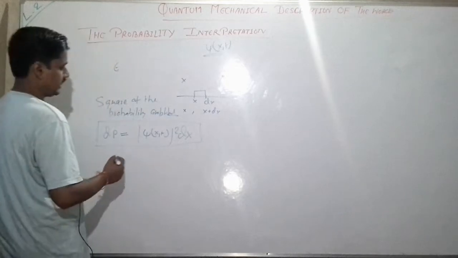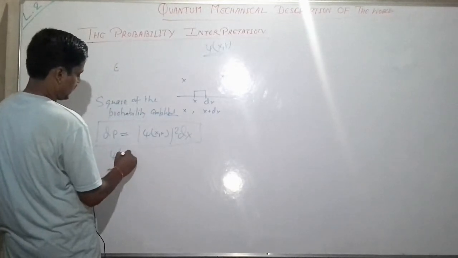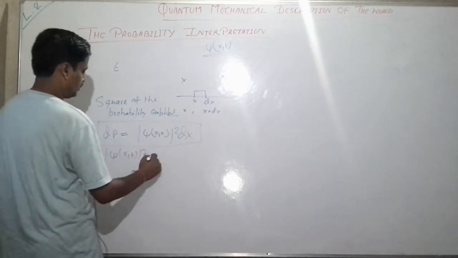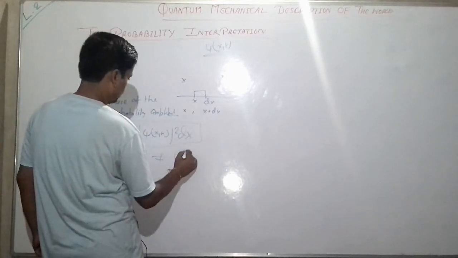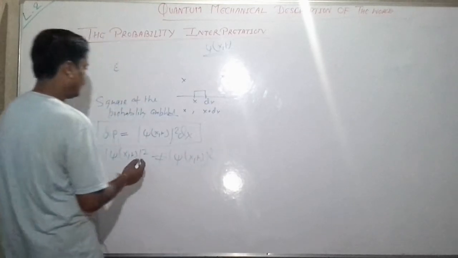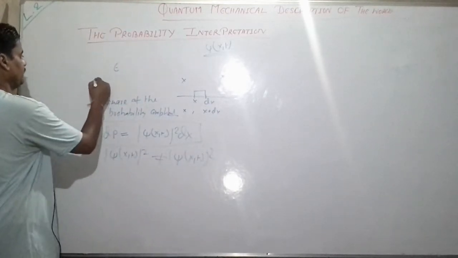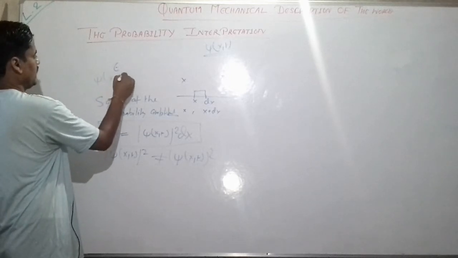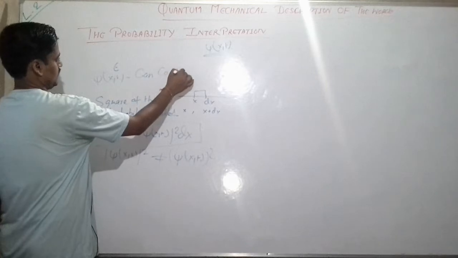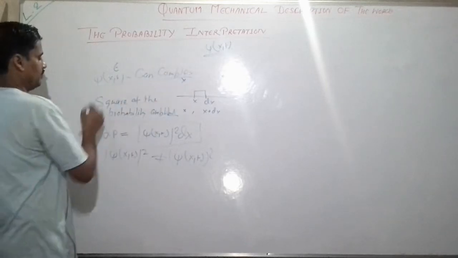And you can see that the square of the magnitude of psi(x,t) is not equal to psi(x,t) squared. Why? Because psi(x,t), the wave function, can be complex. It can be a complex number.